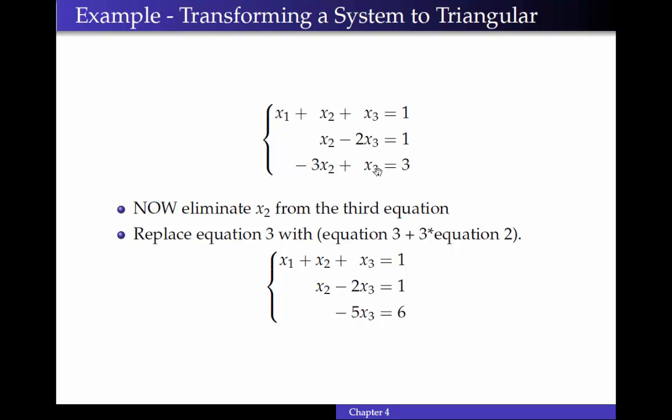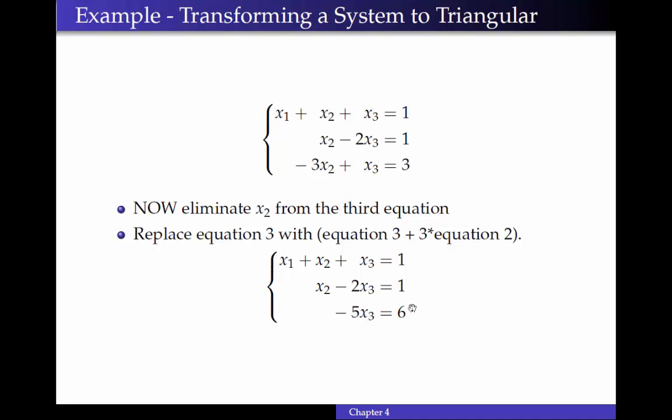And then I have x3 minus 2 times 3 is 6. So x3 minus 6 times x3. So that's negative 5x3. And then I have 3 plus 3 times 1, which is 6. And so now my system of equations is in triangular form.